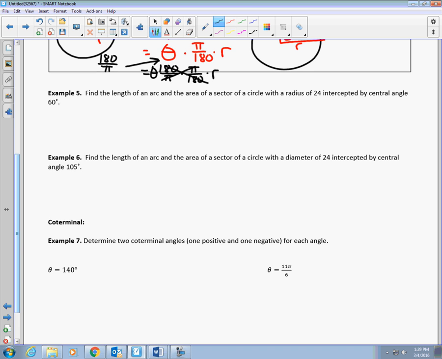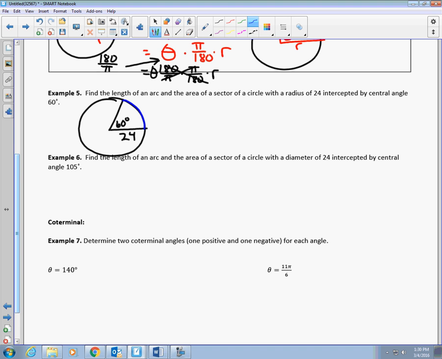Right. So the question is, what does that mean? Well, here's what it means. I have a circle. What's the radius? 24. What's the angle measure? 60 degrees. And it says find the length of an arc. So that would be the blue.